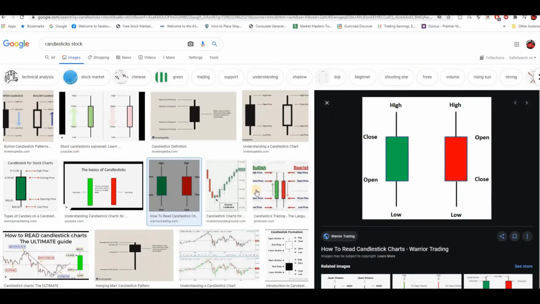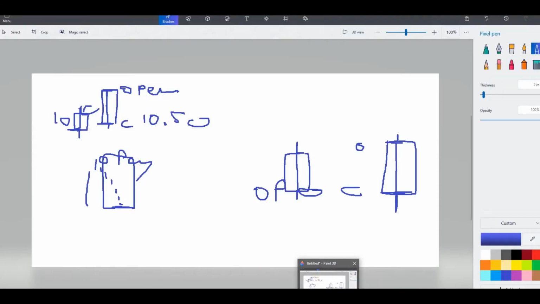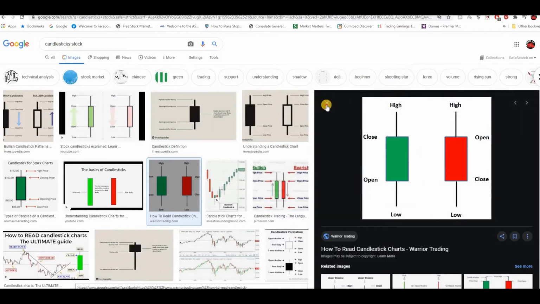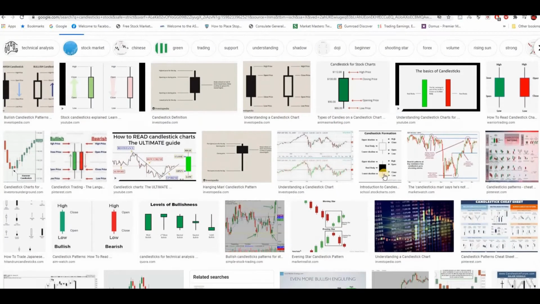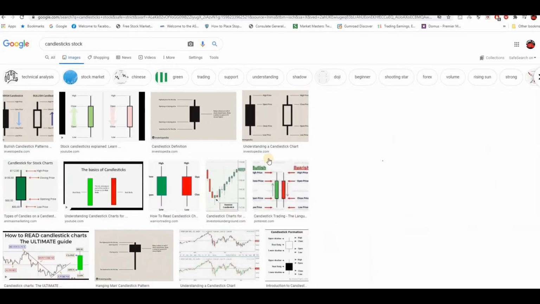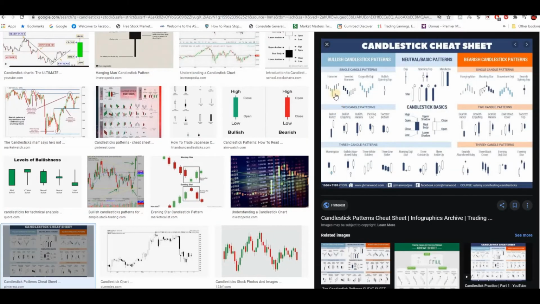So yeah, this is a candlestick, and there is a bunch of candlesticks that you don't really have to know all of them. As far as I'm concerned, you can just Google some of the candlesticks in here, and you will find a bunch of stuff about what each one means.